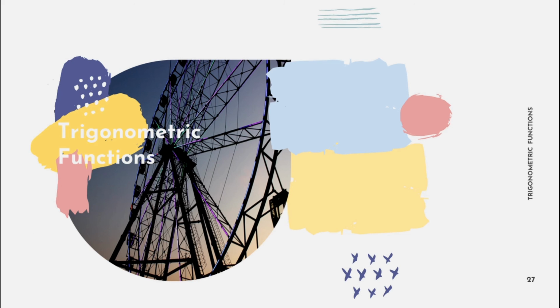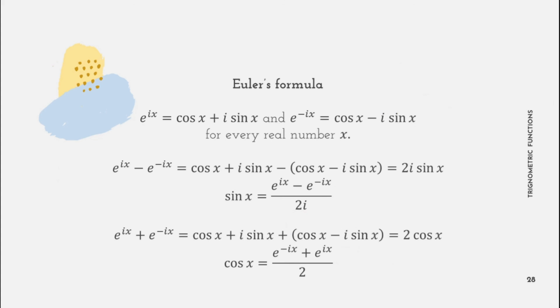The next material is trigonometric functions. In Euler's formula material, we have known that for every real number x, exponential ix is equal to cosine x plus i sin x, and exponential minus ix is equal to cosine x minus i sin x.